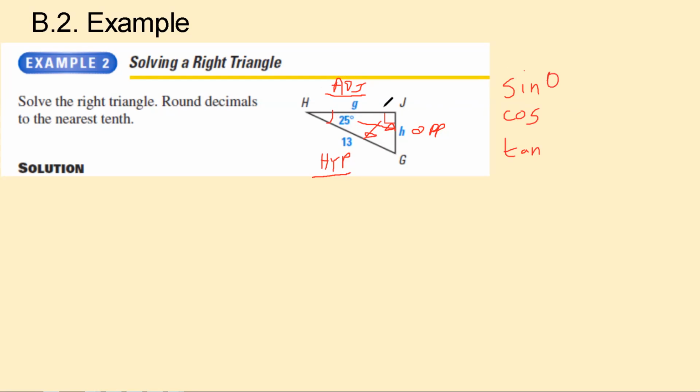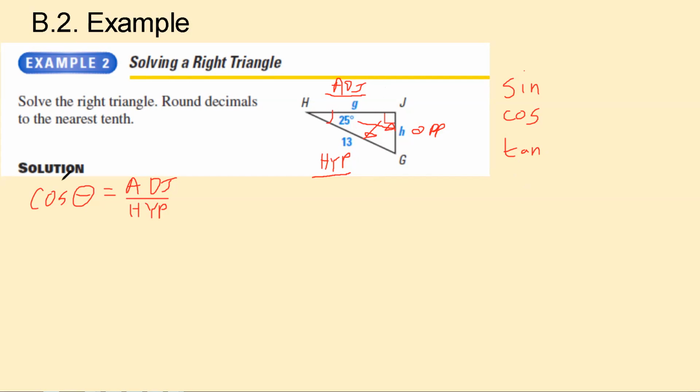I'll rewrite it over here. So remember, the cosine of any angle is adjacent over hypotenuse. So the next step is you have to identify which trig function, sine, cosine, or tangent, relates the one you're trying to find with the known side.